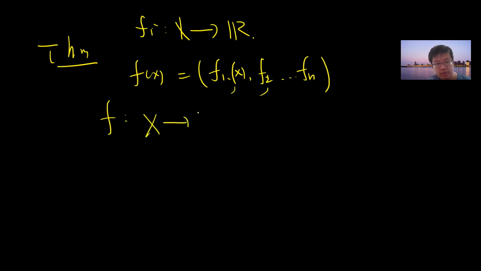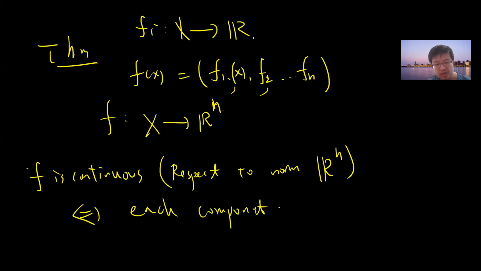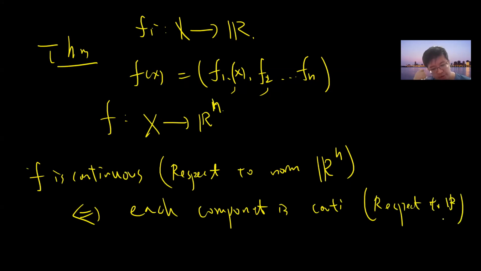The theorem says that f is continuous with respect to the norm of R^n if and only if each component is continuous with respect to R.